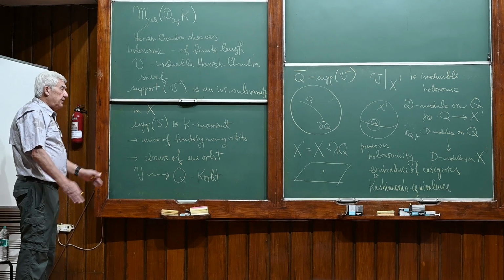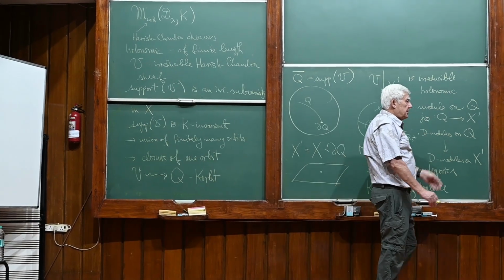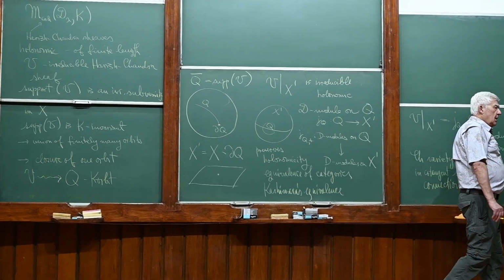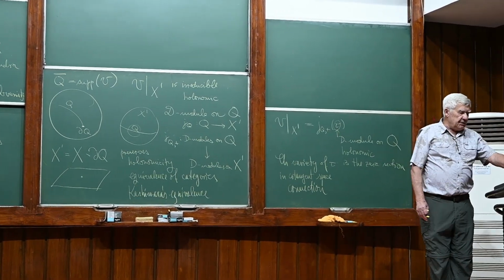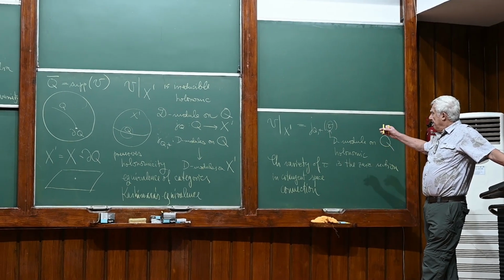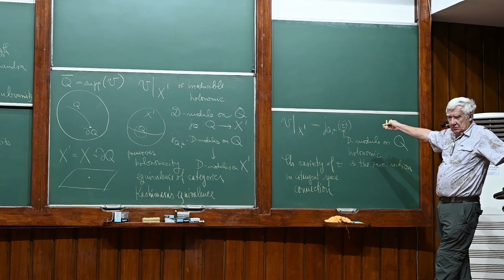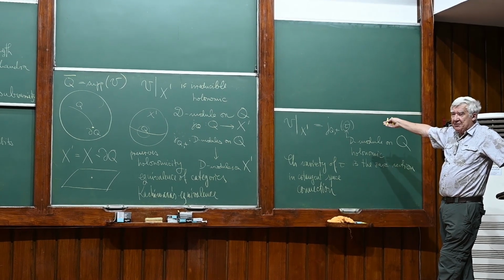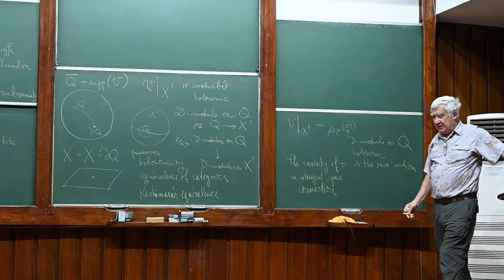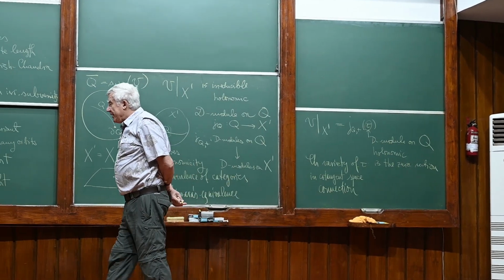So if you put all of this together, you see that this tau is a sheaf of sections of a K-homogeneous bundle on Q, which is given by a representation of the stabilizer, and it has to be reducible.